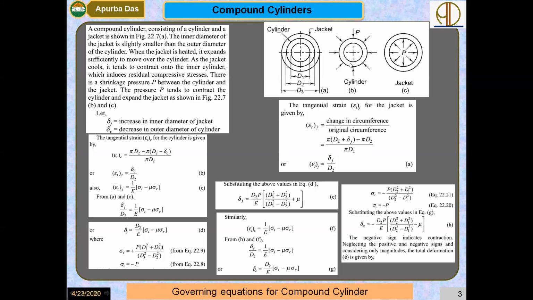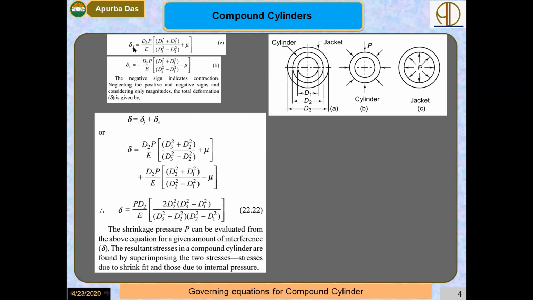Why is it negative? Because for the cylinder it is a compressing force and for the jacket it is an expansion force. For the jacket delta J is a positive term and for the cylinder delta C is a negative term. If we neglect the sign and only take the magnitude, we can get the total deformation.